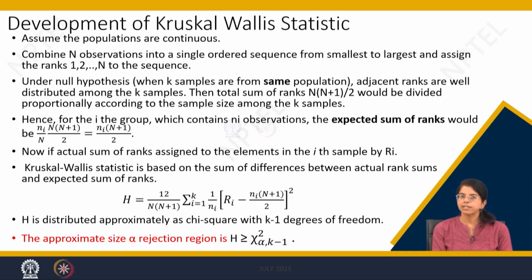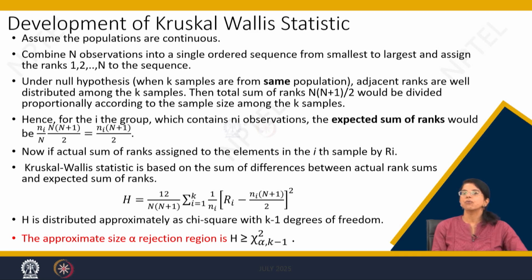Now, if the actual sum of ranks, that is the observed sum of ranks, assigned to the elements in the ith sample is Ri, then the Kruskal-Wallis test statistic looks like this, H, and as you can see, H is nothing but the sum of the squares of the deviations with some constant multiplied just to make the distribution a known distribution.